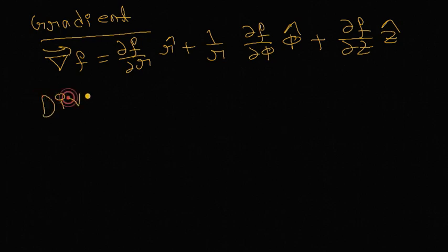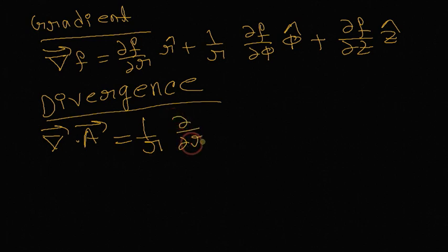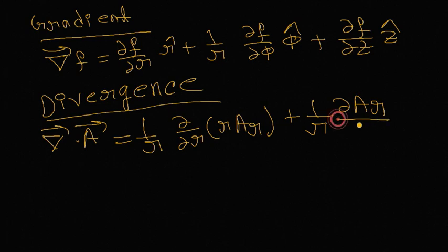Next, divergence will be del dot A equal to 1 by r del r of r A r plus 1 by r del A phi by del phi plus del Az del z.